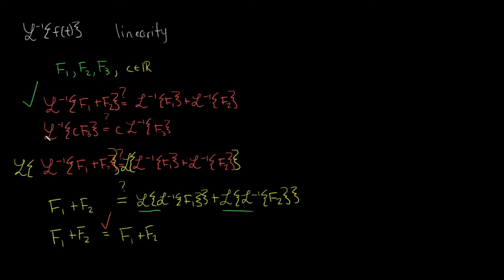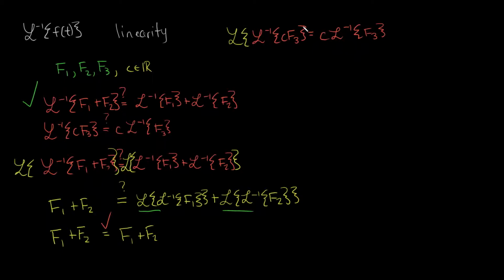The second property falls similarly. We need the inverse Laplace transform of some scalar times some function to equal that scalar times the inverse Laplace transform of the function, so let's just try taking the Laplace transform of both sides.